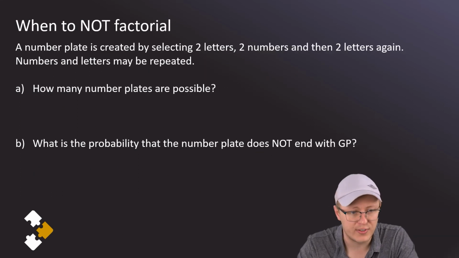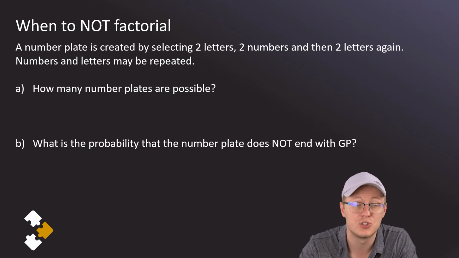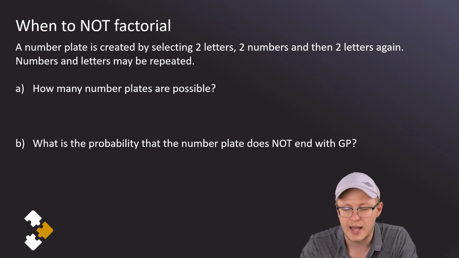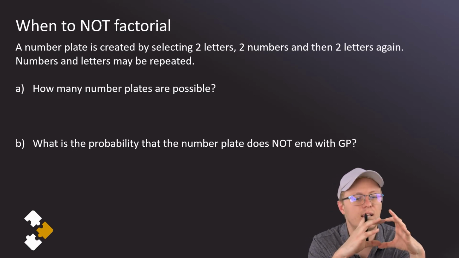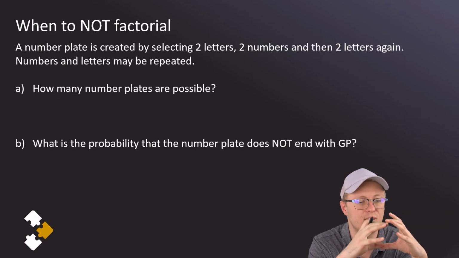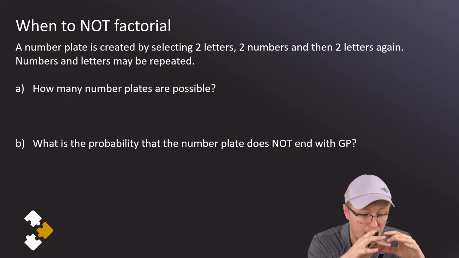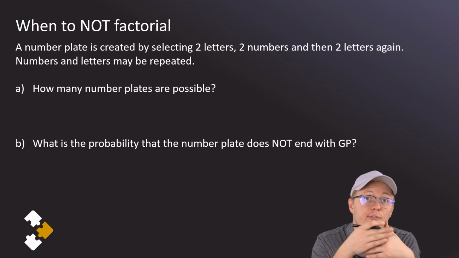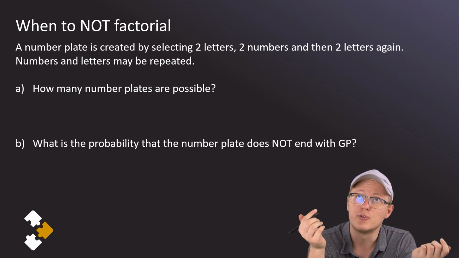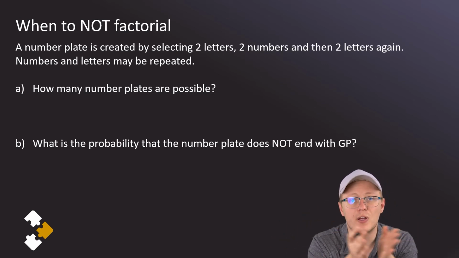So then after that, we have to look at when to not factorial. And when we don't factorial is when a particular person or thing is selected to be in position A, that person or thing can still be selected to be in one of the other positions, right? So for people running onto the pitch, well, if the goalkeeper goes first, he can't go second.